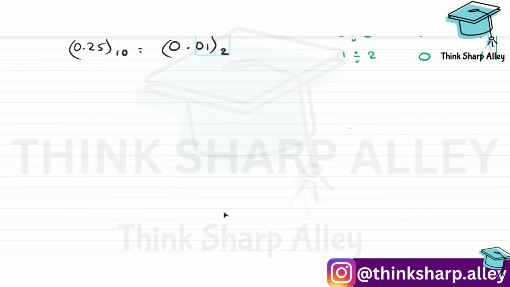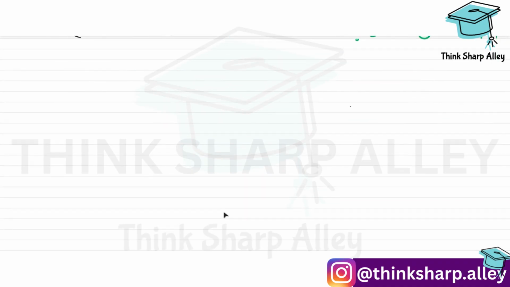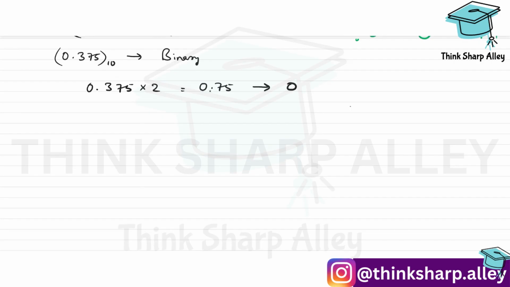Let us see another example. Let's say we want to convert 0.375 into a binary number. The rule says we will multiply the fractional part by 2 repeatedly until the fractional part becomes 0 or starts repeating, and note the number down to the left of the binary point.